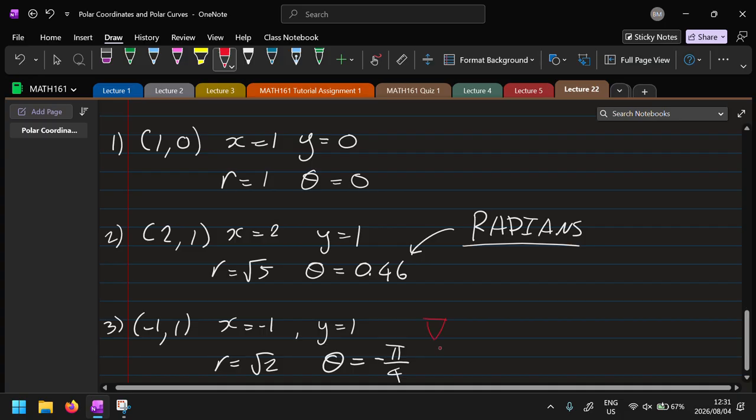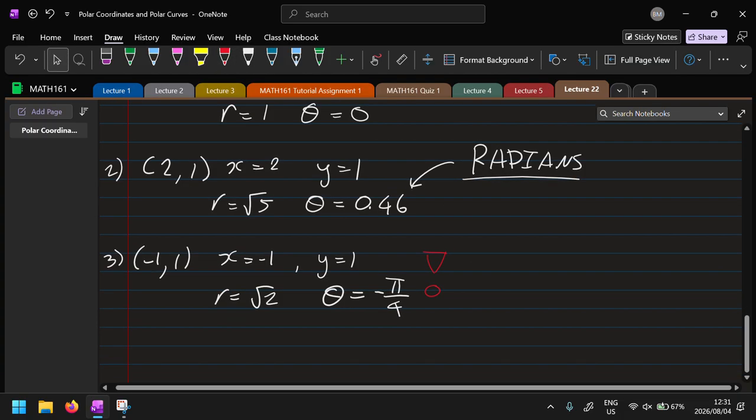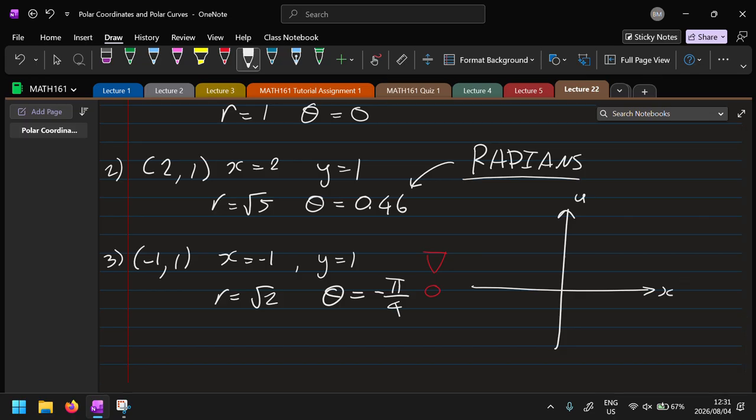And then just a little note about negative angles here. So if we have something like this, so x and y. So we see here this is a negative angle. What does that mean? So normally positive angles are going counterclockwise, right? From the x-axis. So when we measure angles, we go that way around. Okay, that will be the positive angle. If your angle ends up being negative, it just means you're going clockwise. So here, if we have this angle theta, we can go all the way around, okay?